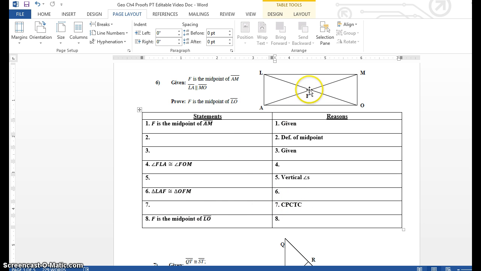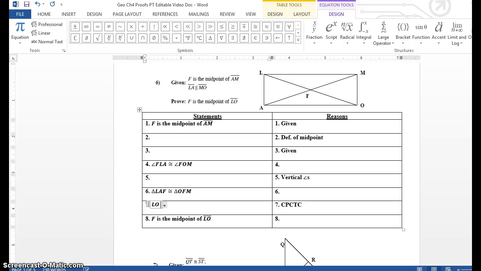If this is my midpoint, these two lines are congruent, so that's what my CPCTC is going to try and prove. It's going to take these, saying that these triangles are congruent, and then that those sides, LO, I don't have time to put the little mark above it. I apologize for my lack of being able to use all the correct math symbols at the moment.